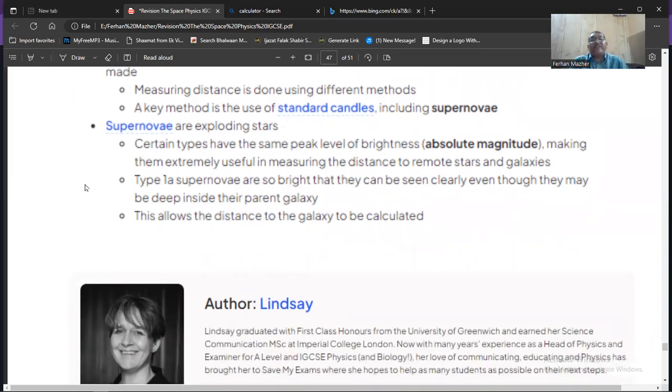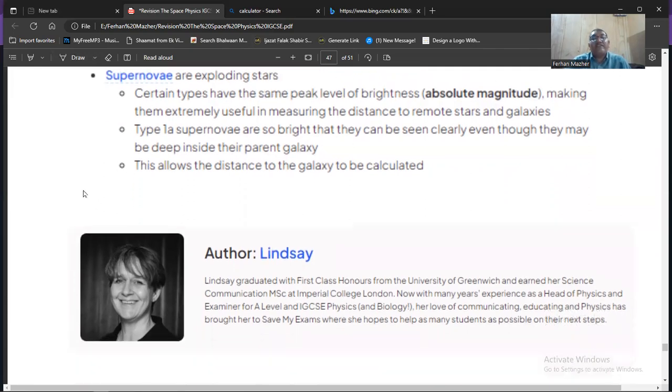Certain types have the same peak level of brightness, absolute magnitude, making them extremely useful in measuring the distance to remote stars and galaxies. Type 1a supernova are so bright that they can be seen clearly even though they may be deep inside their parent galaxy. This allows the distance to the galaxy to be calculated.